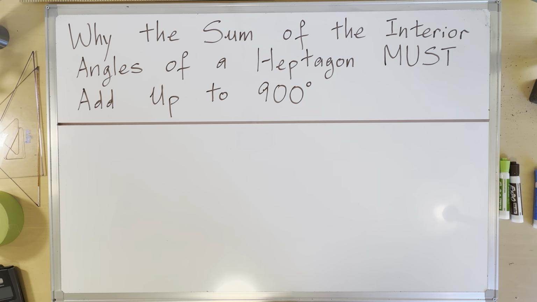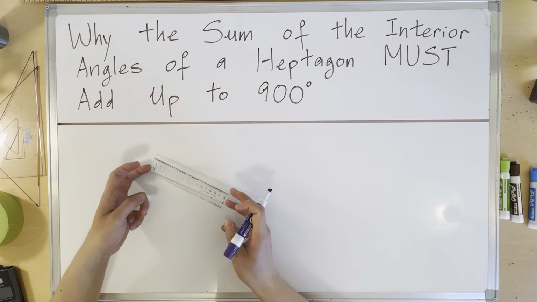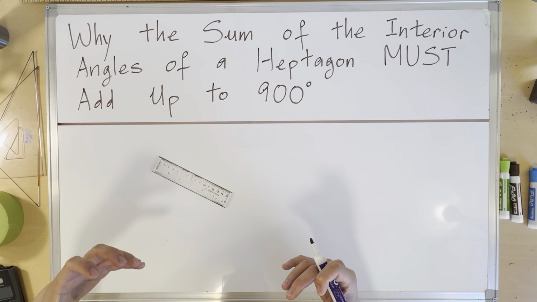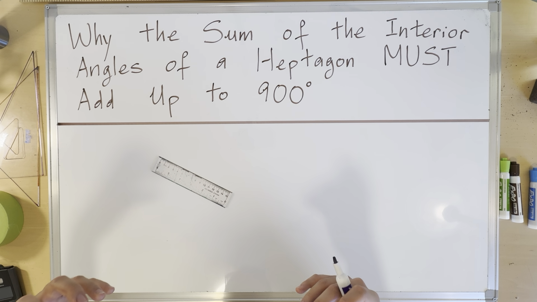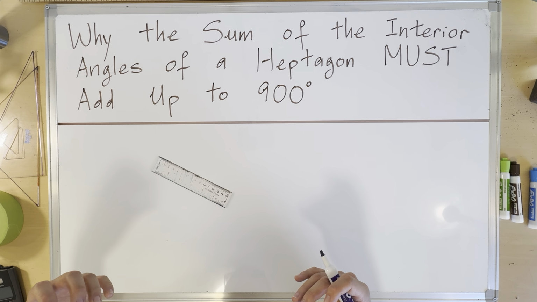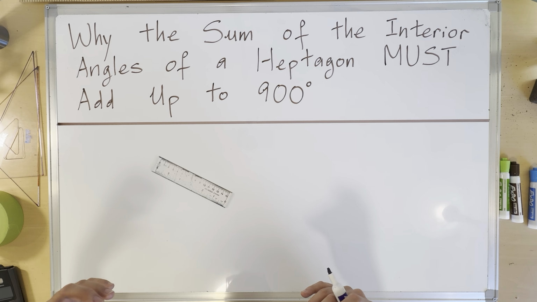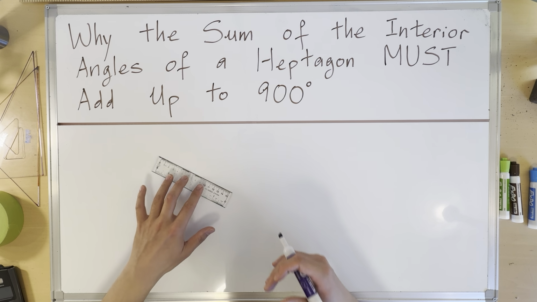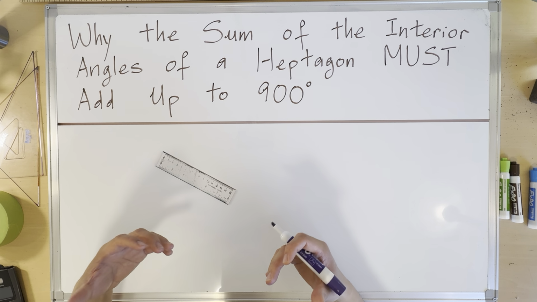So what I'm going to do now is draw a heptagon, not a regular one with all 7 sides equal in length and all internal angles exactly equal, but just a random, irregularly shaped heptagon.